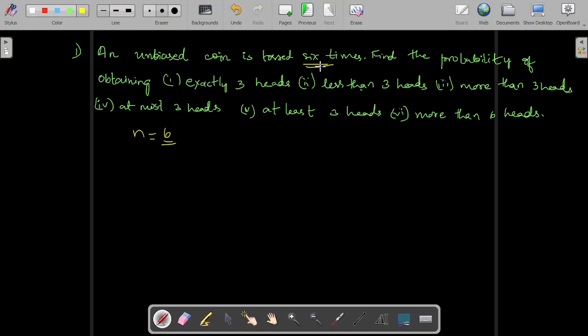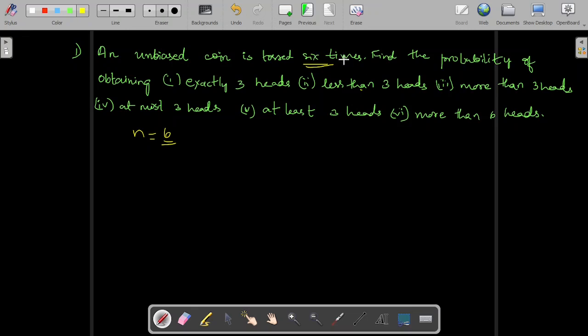But these trials are independent and there are a finite number of trials, and here you want exactly 3 heads, less than 3 heads, more than 3 heads. Getting head, you can name it as success. Therefore other outcomes come under failure. You can divide the outcomes into success and failure, and the probability of success remains the same in every trial because the trials are independent.